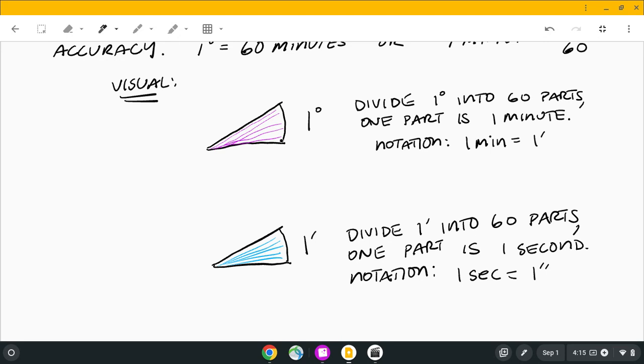This is 1 minute, that's 1 minute, and there are 60 of them in here. So I take one of those minutes, zoom in on it, and divide it into 60 parts as well. Each one of those is 1 second.